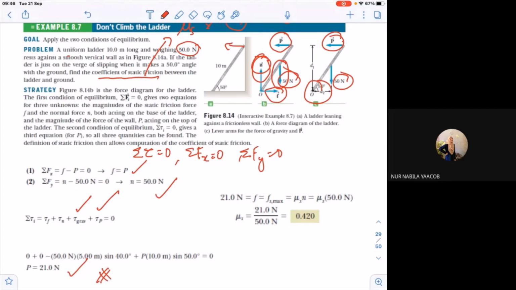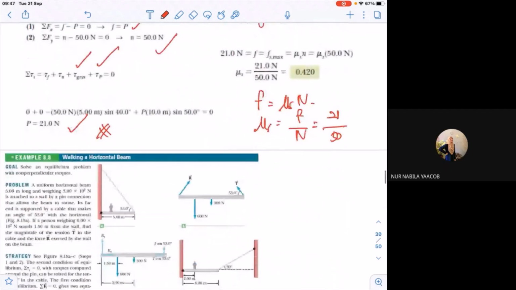So dari in the end kita boleh calculate F equals to mu s N. Okay, so mu s ialah F bahagi dengan N. F tadi 21 Newton divided by 50 Newton. So therefore we get 0.42 value. A lot of questions can be applied, okay, when we deal with the torque.